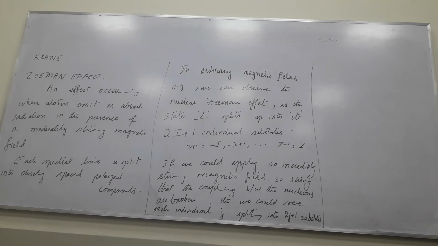So what we do observe is the overall effect of the nucleus, which is capital I. So it's difficult to observe J itself. The nucleus in most experiments and applications behaves as a single particle or a single entity.